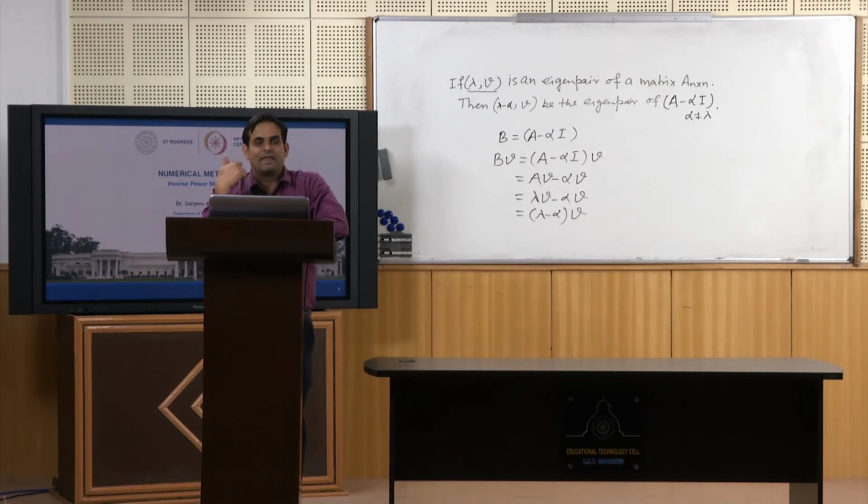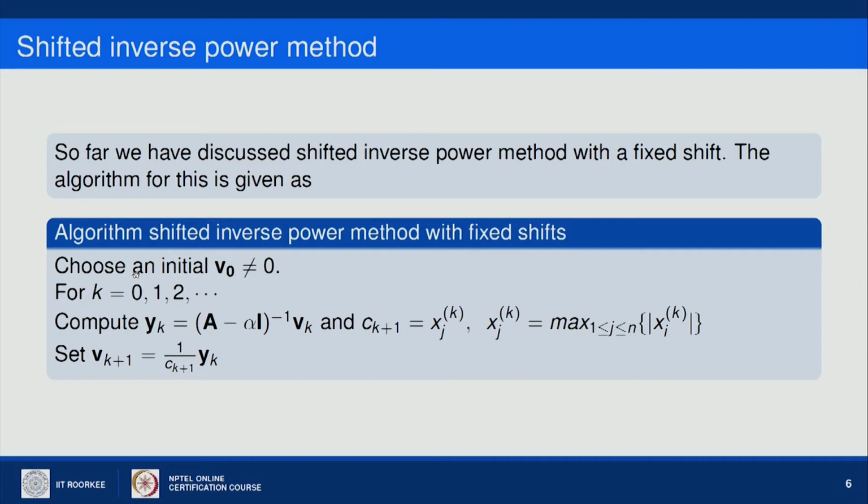This will come from the Gershgorin disks. Just by looking at the given matrix, I can say about the range of the eigenvalues, or in which disk an eigenvalue will lie, and from there I can get an idea.